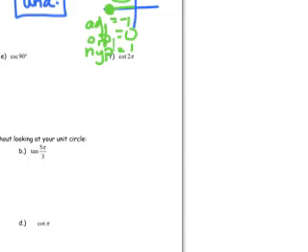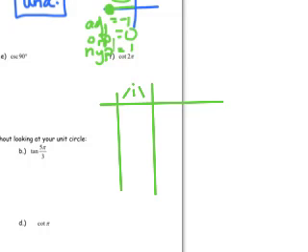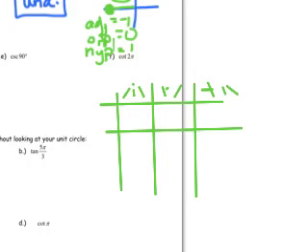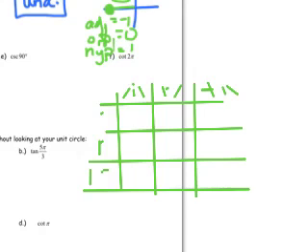I also want to talk about a trick. The trick involves a table with sine, cosine, tangent, and then you go in order of the quadrantal angles. So you start with 0, 90, 180, 270.